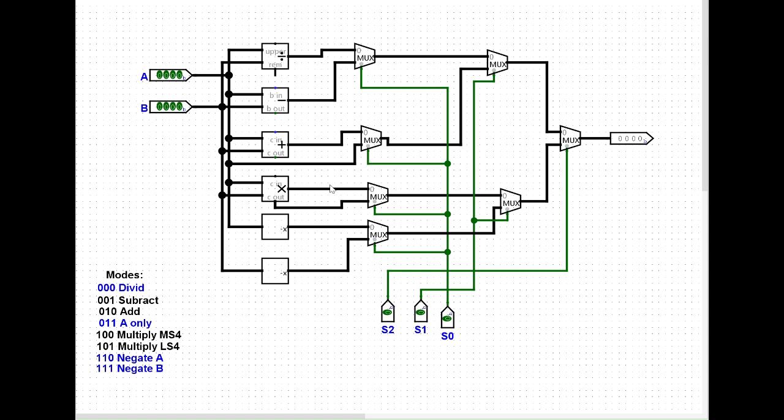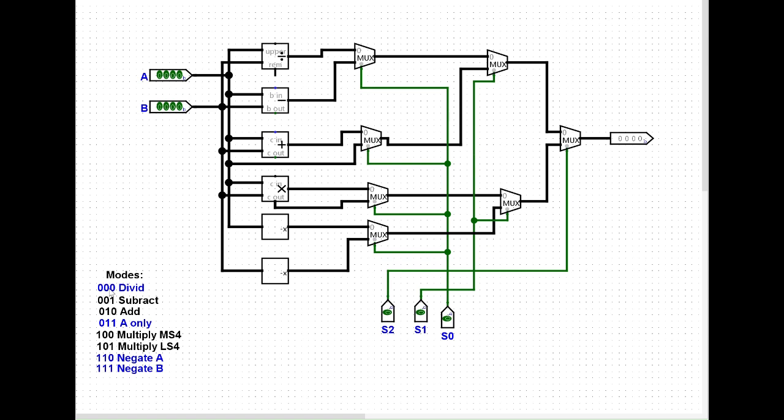When you're figuring out which one to choose and how to choose it, I went through the tables. That's why I wrote it out next to the options here. So it changes from 0 to 1 how many times? 1, 2, 3, 4 times. So I needed 4 multiplexers for our first bit.